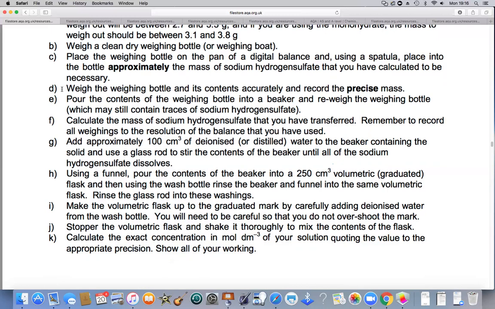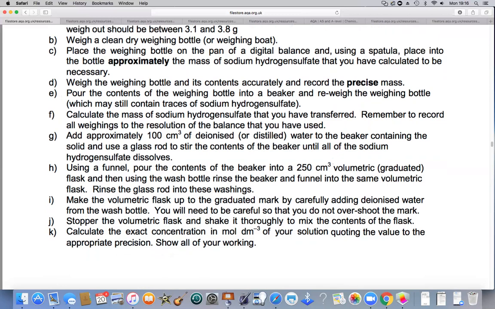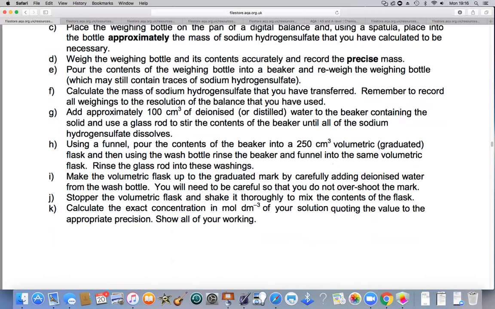You weigh the weighing bottle and its contents accurately, and record the precise mass. Then you transfer the contents into a beaker and reweigh the weighing bottle, which may still contain traces of sodium hydrogen sulfate. That's absolutely fine, because for part F, after you've reweighed, you can determine exactly how much sodium hydrogen sulfate has gone into the beaker.